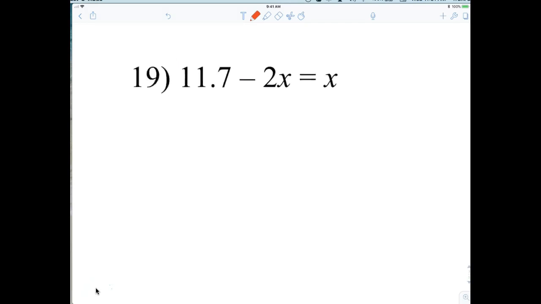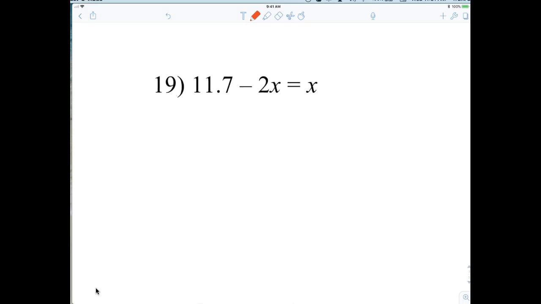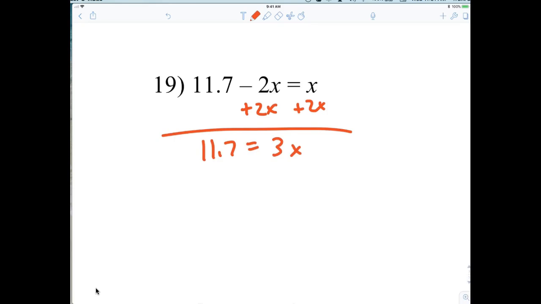All right. What do I have to do now on this one? That is correct. You add 2x. Exactly. 11.7 equals 3x. That's exactly right. Divide by 3. So x equals, how many times does 3 go into 11? Yep, and then don't forget the decimal, right?